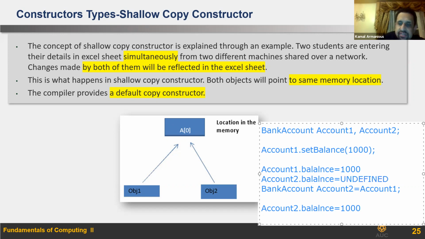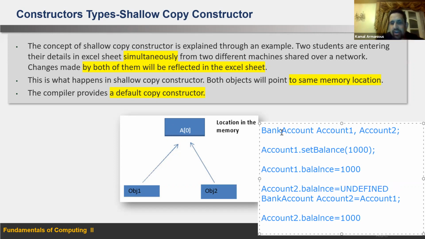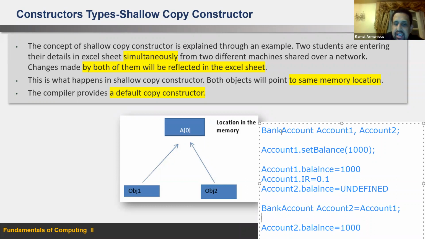What if I have more than one attribute? Let's say account1 dot interest rate is equal to 0.1. Then account2 dot interest rate is undefined, and after this execution, account2 dot interest rate will be equal to 0.1.